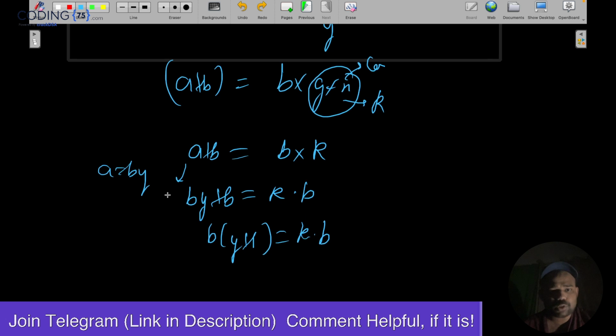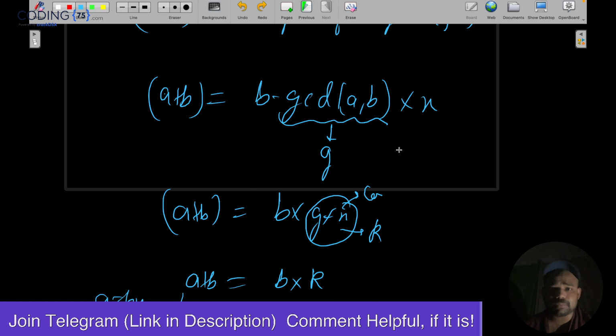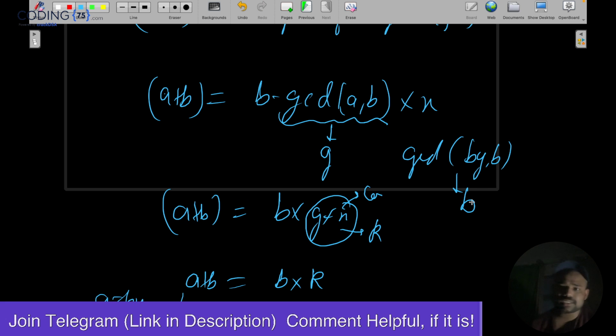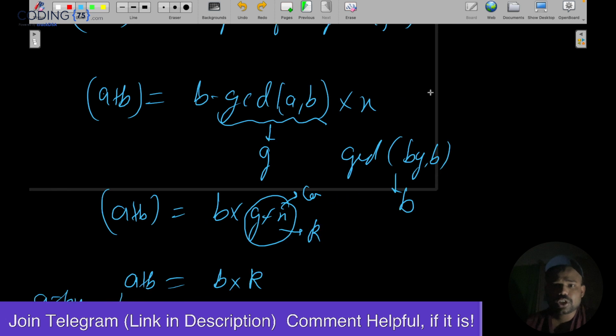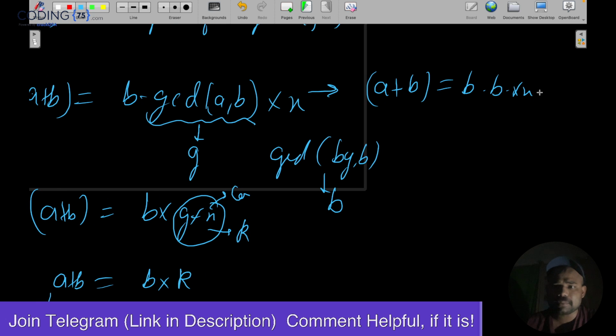Now one more thing: if A is a multiple of B, then GCD of BY comma B will always be B. Obviously, if we take the GCD of A comma B where A is a multiple of B, its value will be B only. So our final expression will be A plus B is equal to B into X, where X is the multiple because the GCD we got is B.